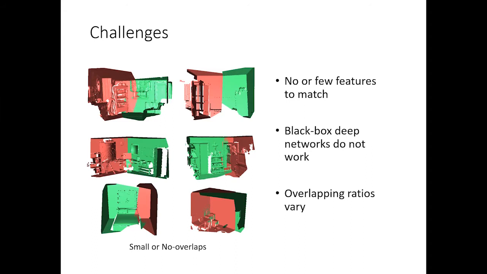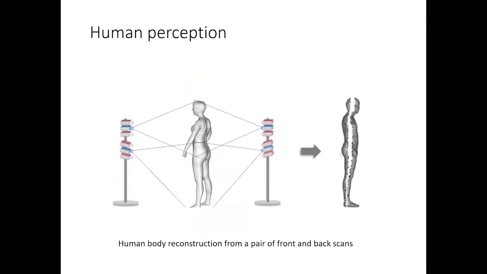So how should we do this? The motivation comes from human perception. For example, if we want to reconstruct a complete human 3D model using two scanners, one on the front and one on the back, we obtain two scans, but clearly they do not overlap.